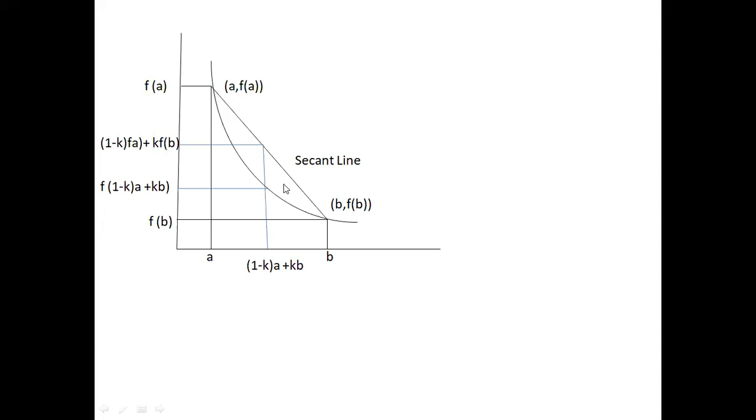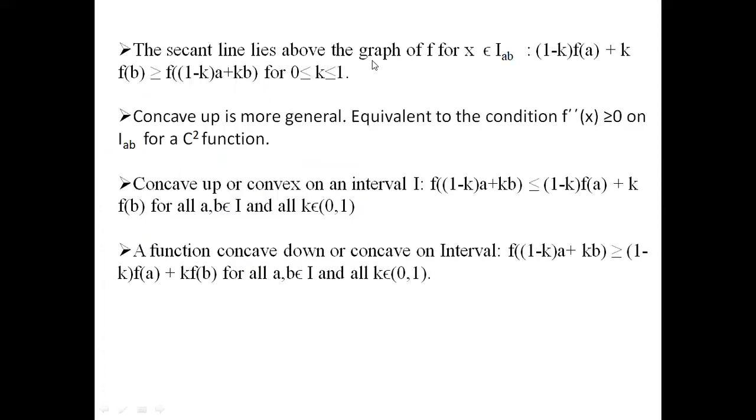The definition of this concave up, which is simply called convex, is as follows: a function f is called a convex function on an interval, that is the interval A to B, if (1 minus k) f(A) plus k f(B) is less than or equal to f((1 minus k) A plus k B).